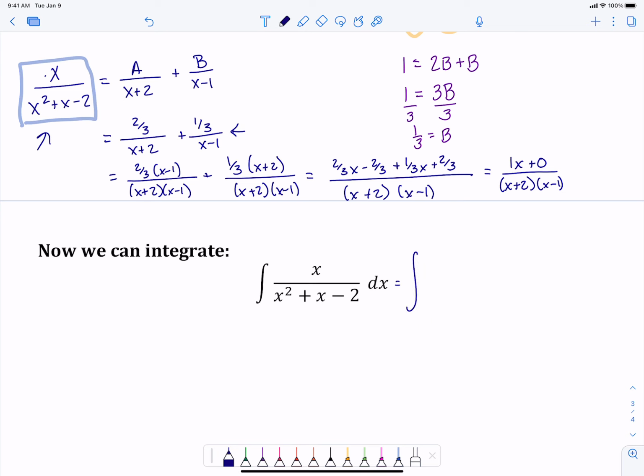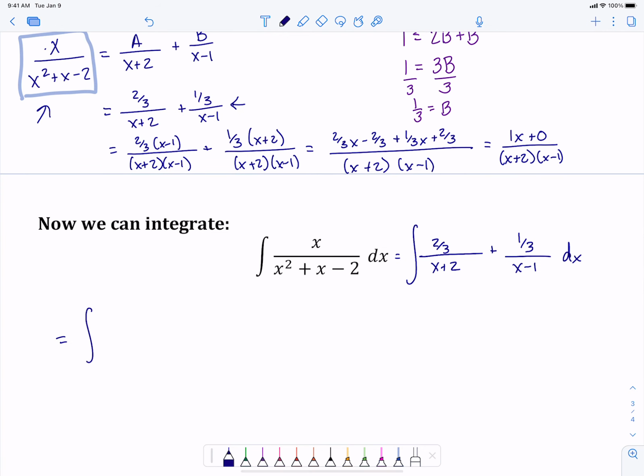So we can rewrite this integral as the integral of 2/3 over x plus 2 plus 1/3 over x minus 1 dx. And then I'm going to rewrite this just a little bit, to help us take our integral.